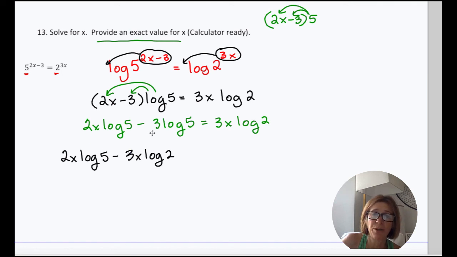And I'm going to add 3 log 5 to the other side because that's a plain old number. There's no x in it. I'm going to isolate it to the other side. Okay. All right, so now this is a tricky part. I do have to get x alone, and I have to recognize that x is the common factor in this expression on the left. So I'm going to have to factor it out.